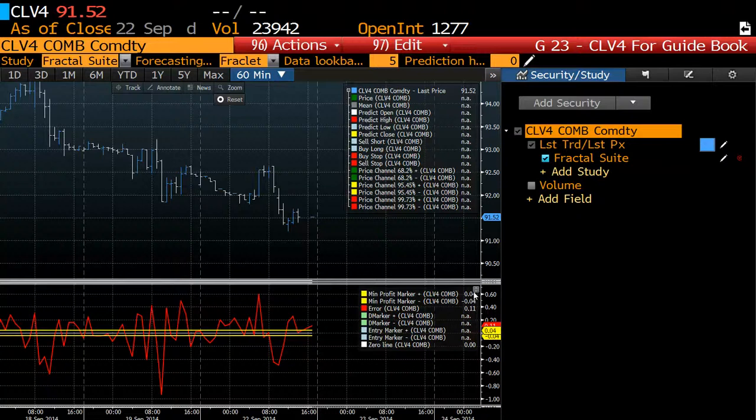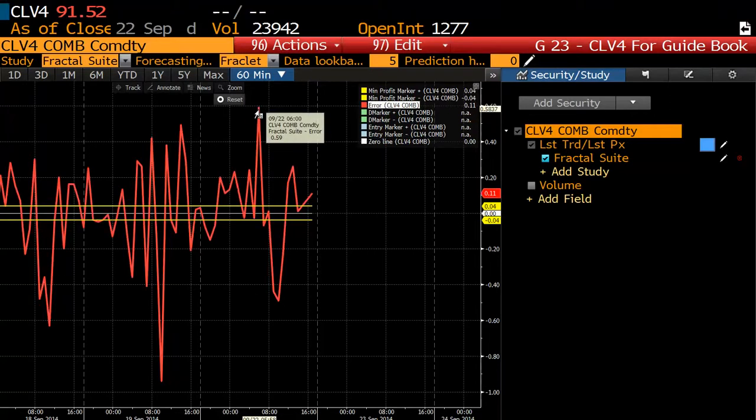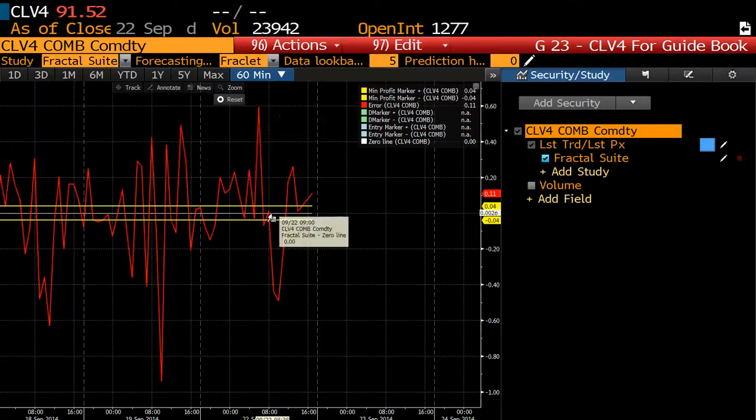Actually, I'm just going to blow this up. Okay, so what we're looking at here is the difference between the last traded price and the 0, which is representing the predicted close for this indicator for the error. In the case of these markers, the 0 is representing the predicted mean.